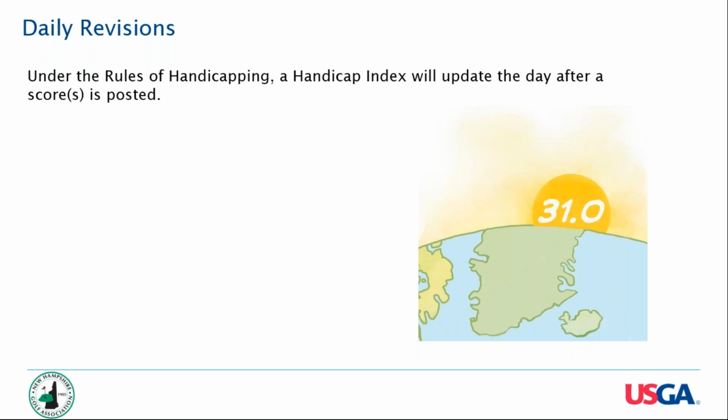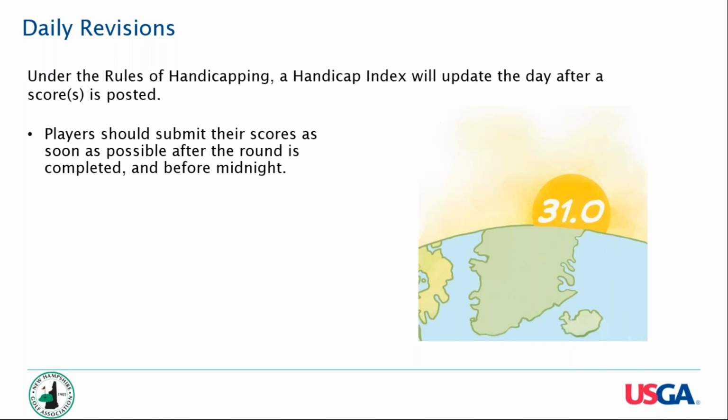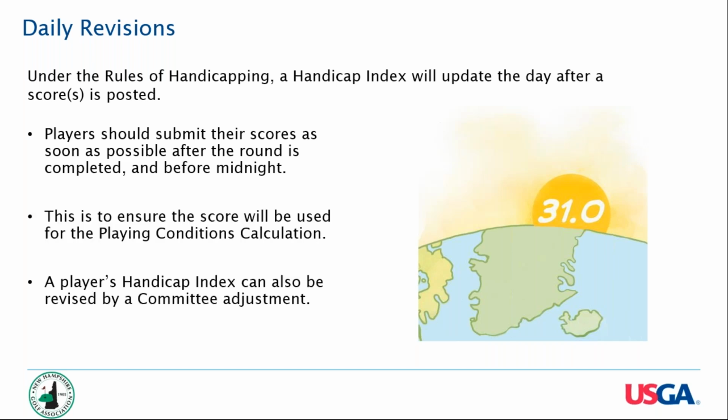A handicap index can also be revised by a committee adjustment. Revision is going to happen if a player posts a score or if a score was adjusted by the committee. If a player plays twice in a day and posts both scores, the adjustment still happens one time, at midnight after that.